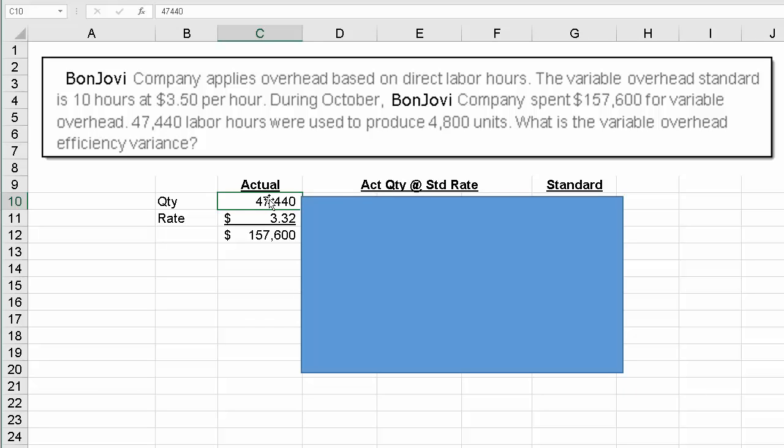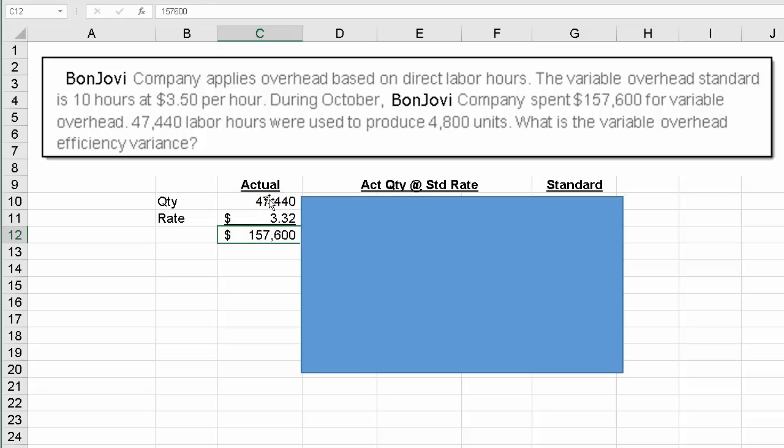They gave us that information, and they told us total spending was 157,600. Therefore, I can force the rate by taking 157,600 and dividing it by the number of units, so I can calculate the average variable overhead rate. You can see I'm taking C12 divided by C10 using Excel as my tool.